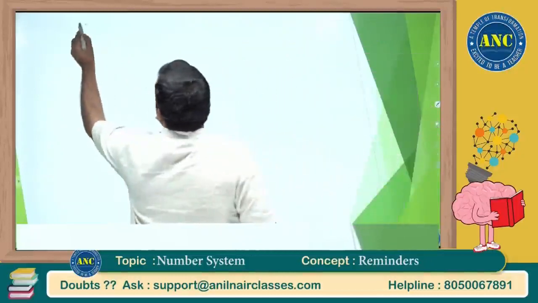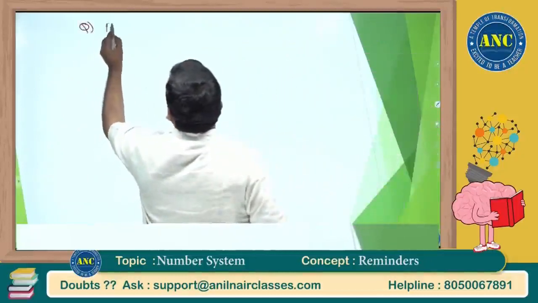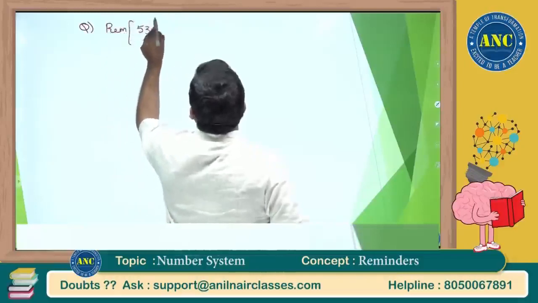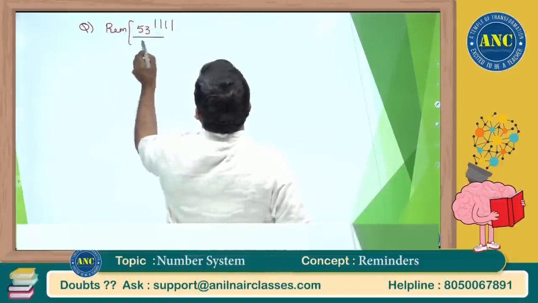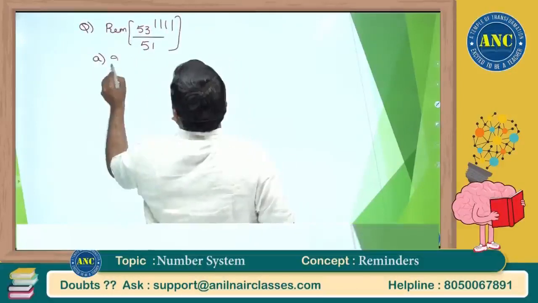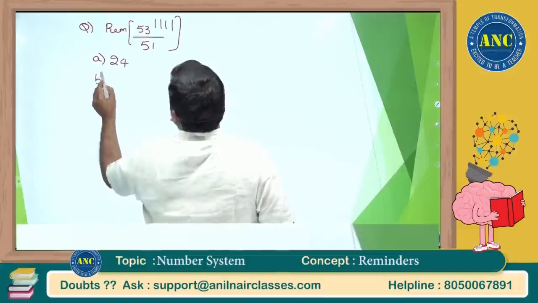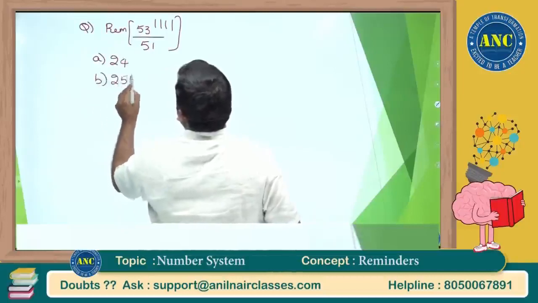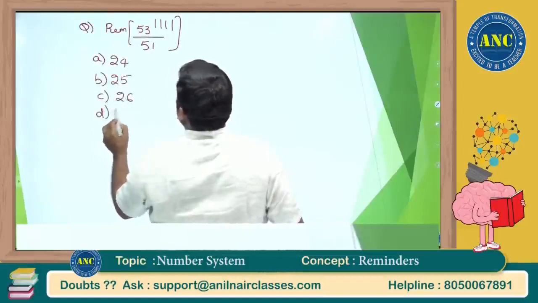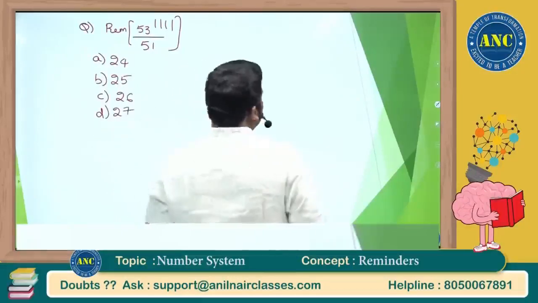Suppose the question is: remainder when 53 power 11111 is divided by 51. Options are 24, 25, 26, 27.